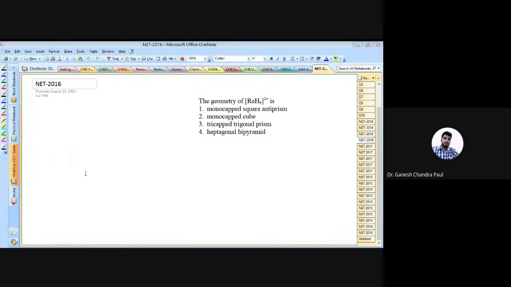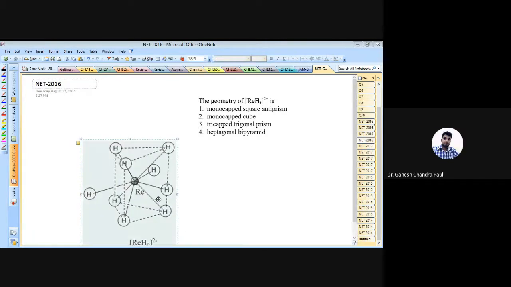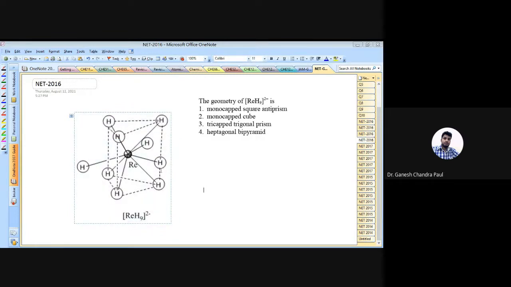Is it visible? Yes, sir. Okay, just wait. So this is the structure, and you can see it is already here on Google. You just type the structure of ReH9 2 minus. What is the geometry? It is a tri-capped trigonal prism geometry.